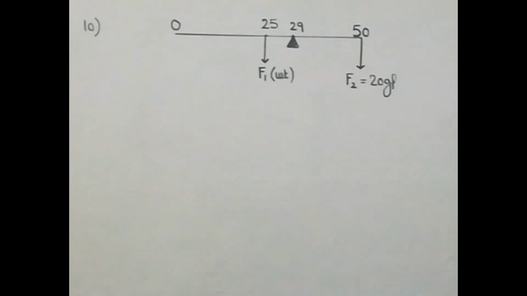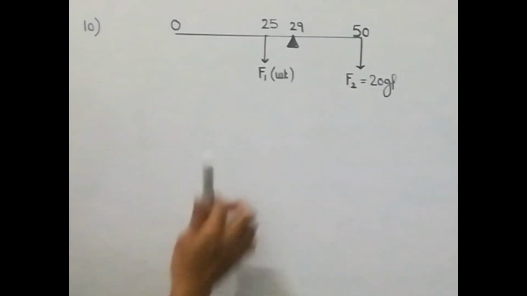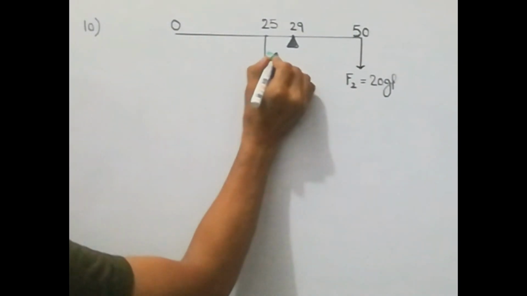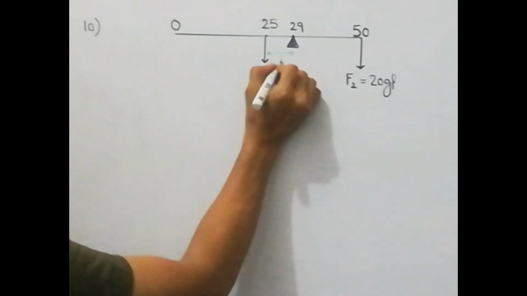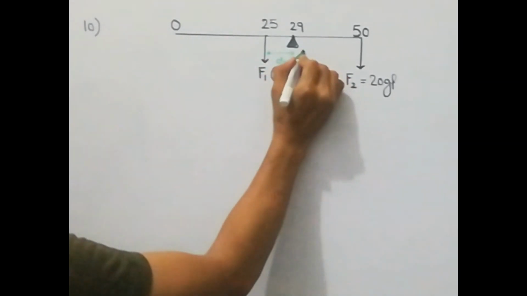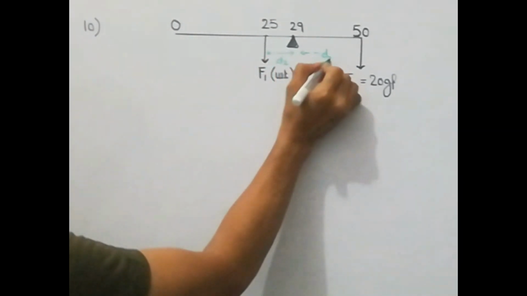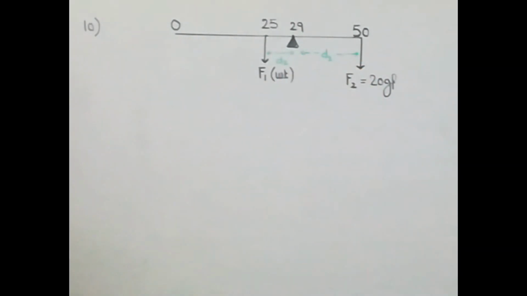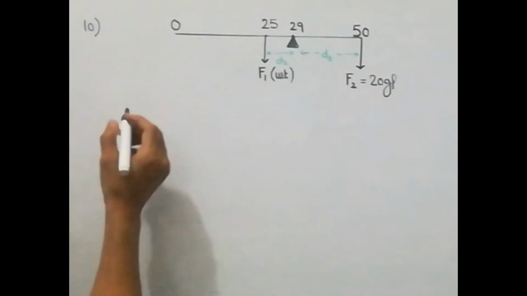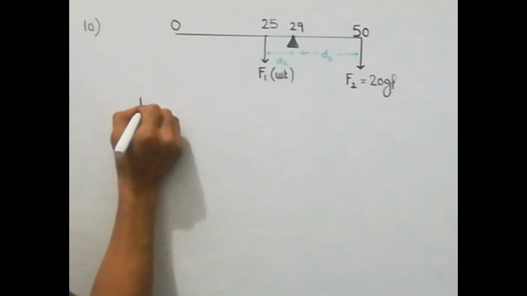Now for F1, how much is the distance D1? For F1, this is the distance D1, and for F2, this is the distance D2. As the question says that the rule is balanced, you can write it in equilibrium.